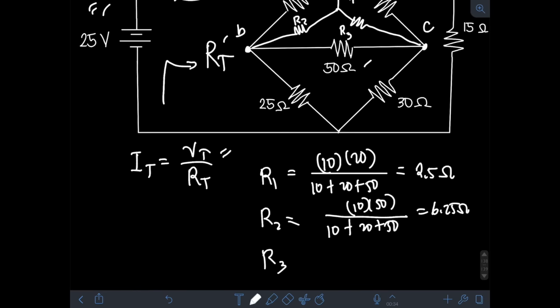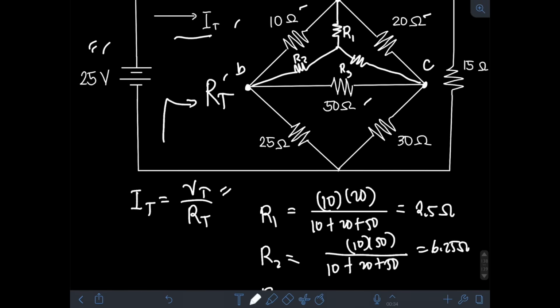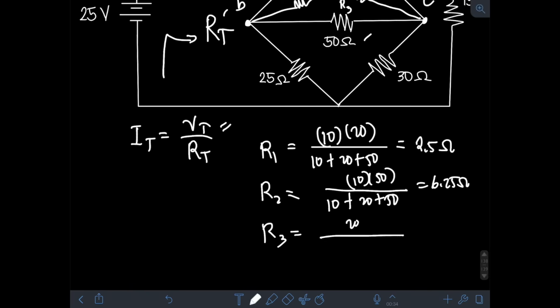Lastly, for R3, the adjacent resistors are 20 ohms and 50 ohms. So, we have 20 times 50 over 10 plus 20 plus 50, which is equal to 12.5 ohms.